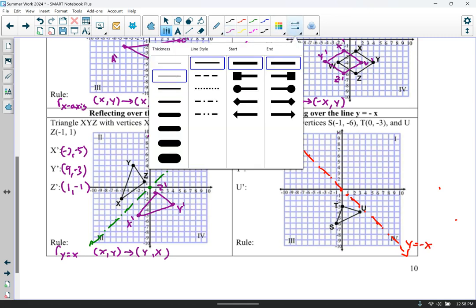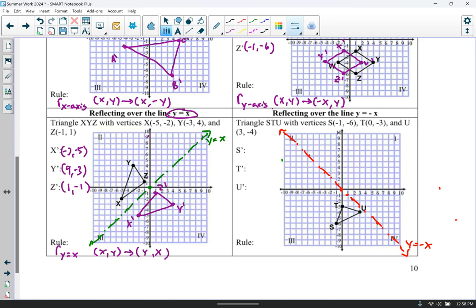And this rule is a little trickier because it tells me whatever my y value is going to be the negative of the x. Okay. So for example, S is (-1, -6). So the y value is going to be the x times -1. So the x is -1 times -1 will give us a +1. Just like that.